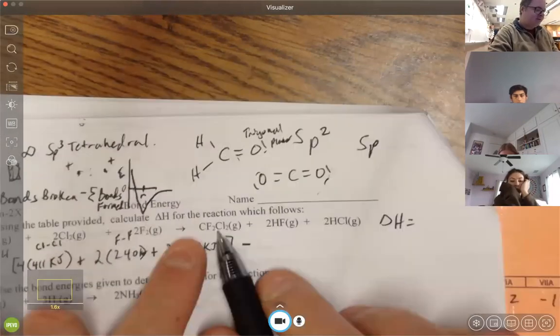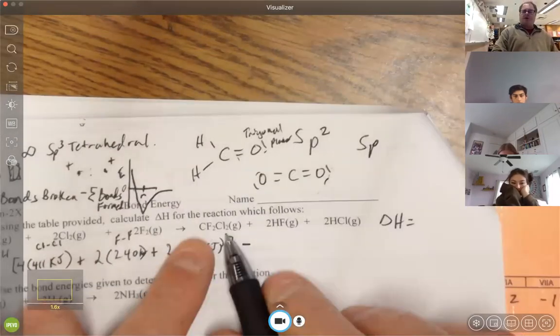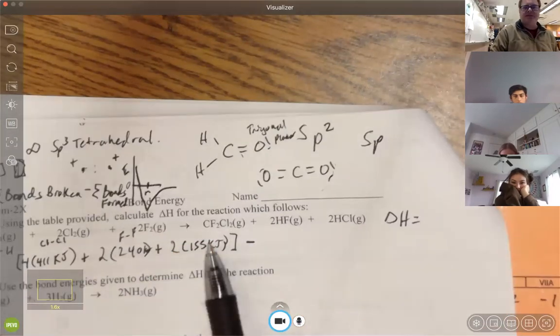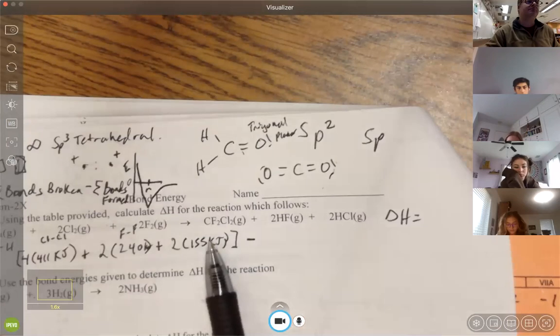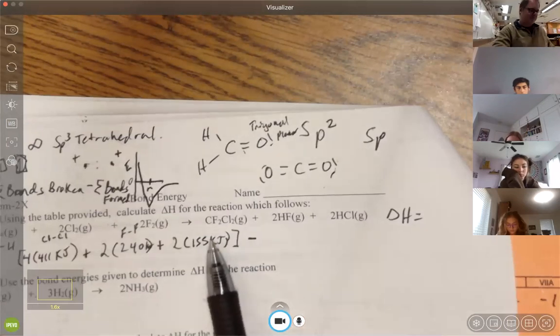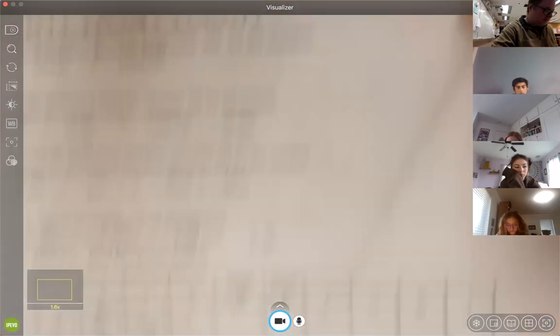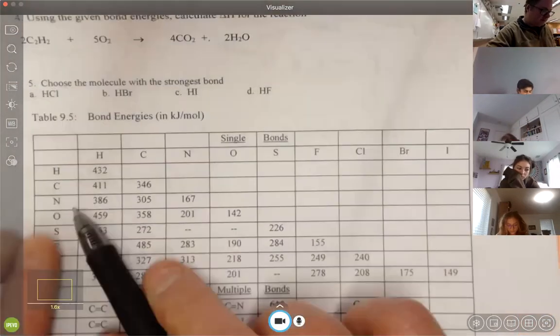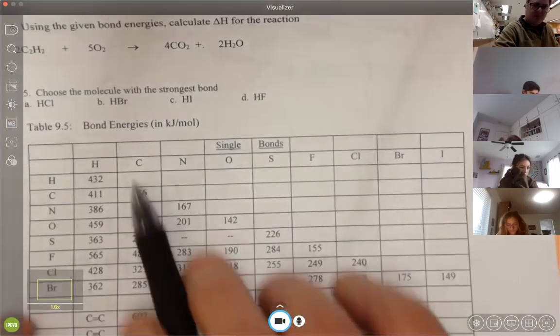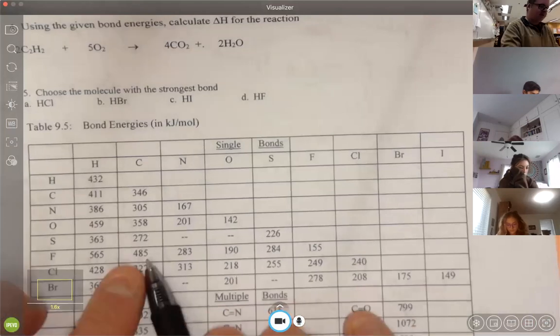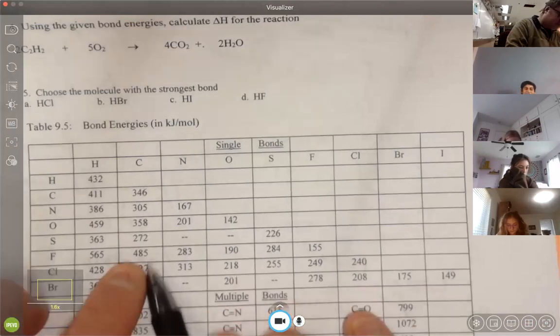So CF2Cl2. Can anybody tell me the bonds that we have there? Two that are C-F and 2 that are C-Cl. Good. So we need to look at the C-F bonds. Oh, it's going to be under F. Oh, here it is. C-F is 485, and it was said that we have 2 of those.